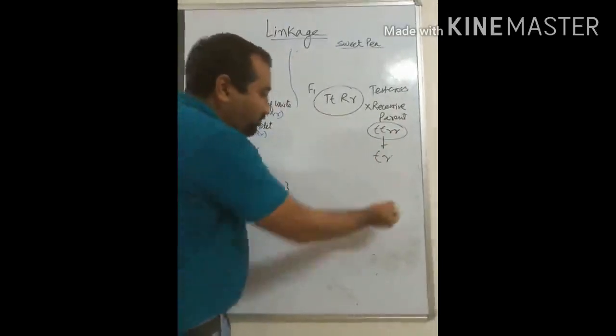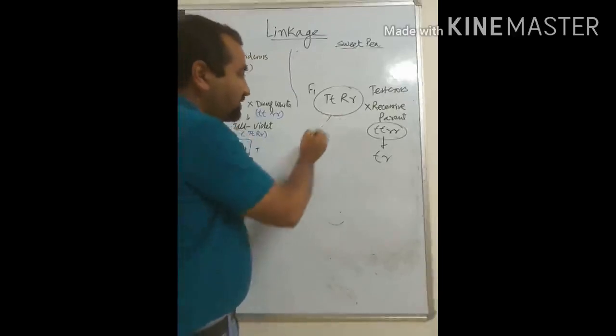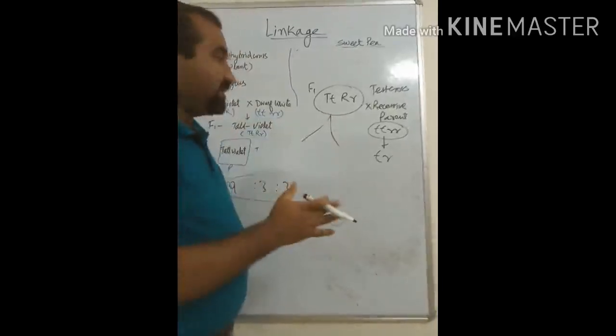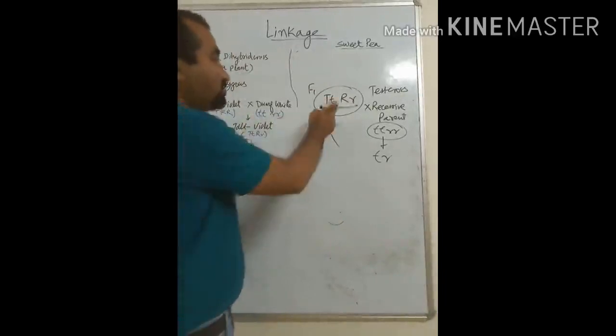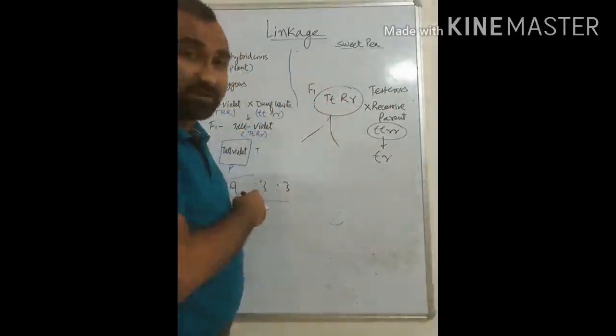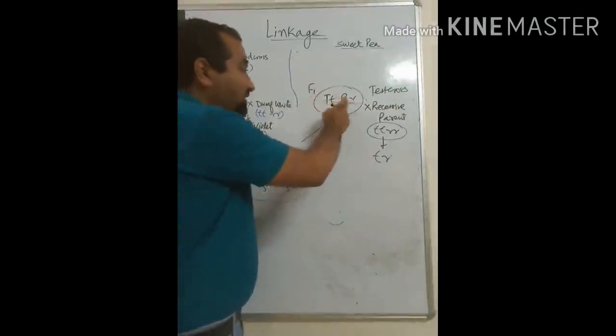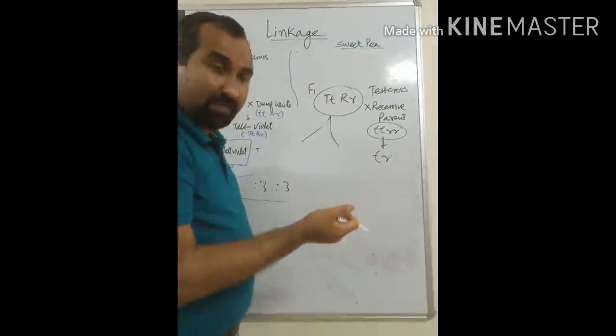So what type of progeny is obtained in a test cross? It is completely decided by the gametes produced by F1 plants, and how these genes are linked, whether capital T and capital R are linked on the same chromosome or on different chromosomes.